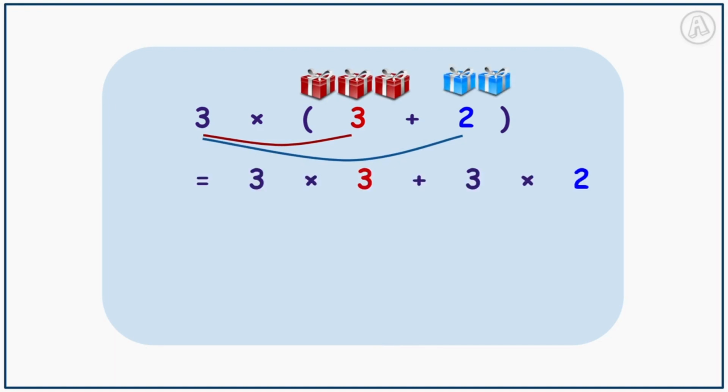This equals 3 times 3 plus 3 times 2. If there is a plus sign inside the brackets, we use the plus sign. If it were to be a minus sign, we would use the minus sign.